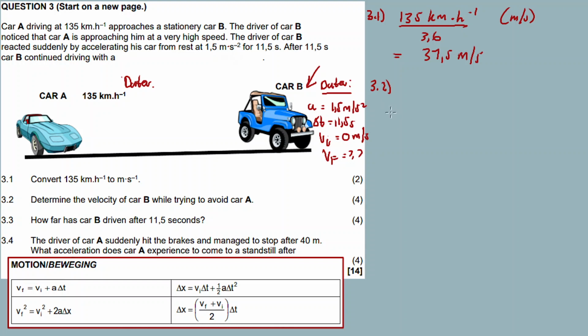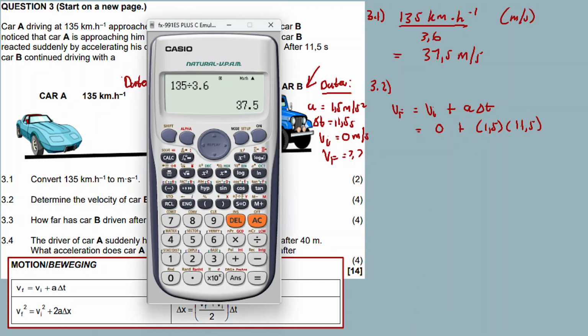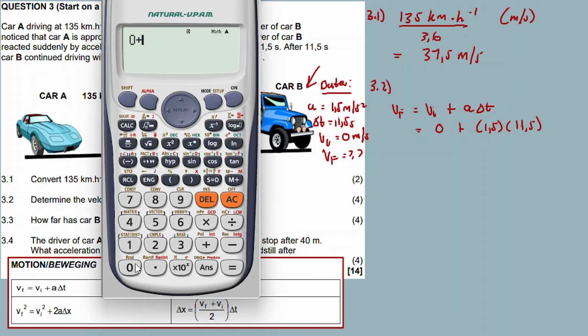There's no need to check the others. So final velocity equals initial velocity plus a delta t. Our initial velocity is 0, acceleration 1.5, delta t 11.5.